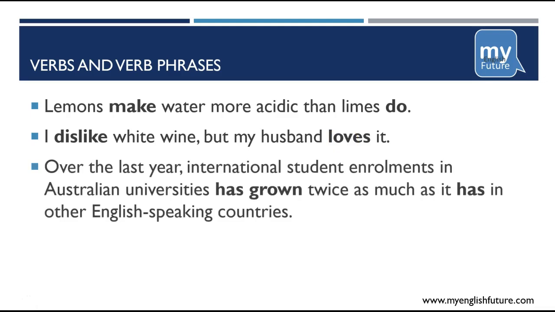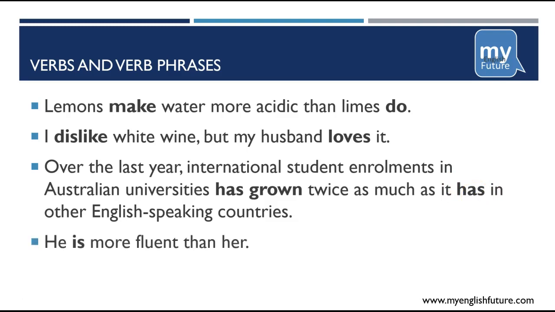Over the last year, international student enrolments in Australian universities has grown twice as much as it has in other English-speaking countries. Here the focus is on the growing, has grown. But do I repeat the word grown? No, you don't need to. You only repeat the auxiliary verb has.